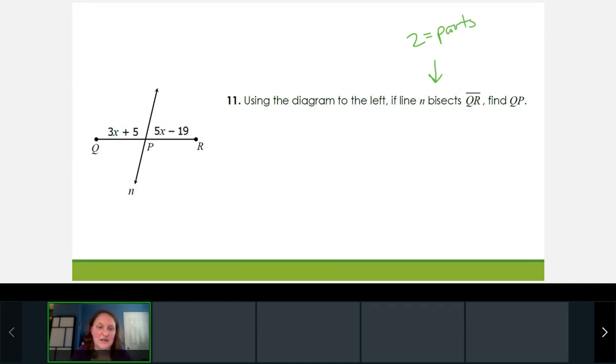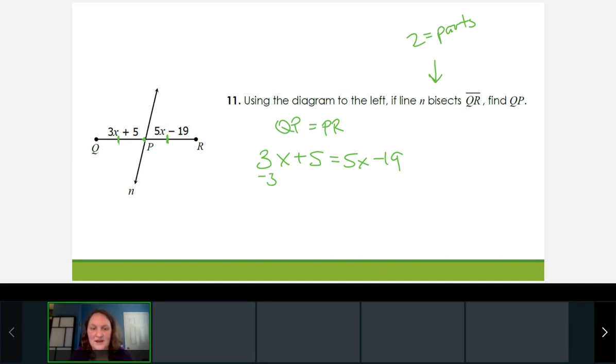As soon as I know that line N is bisecting QR, I know that these two pieces have to be the same. Good job, Enzo. And now P is my midpoint because that's exactly in the middle. And we can set up our equation. So I can say that QP has to be equal to PR. And this is a step that isn't super necessary. If you want to go straight to saying 3x plus 5 equals 5x minus 19, that's fine with me.